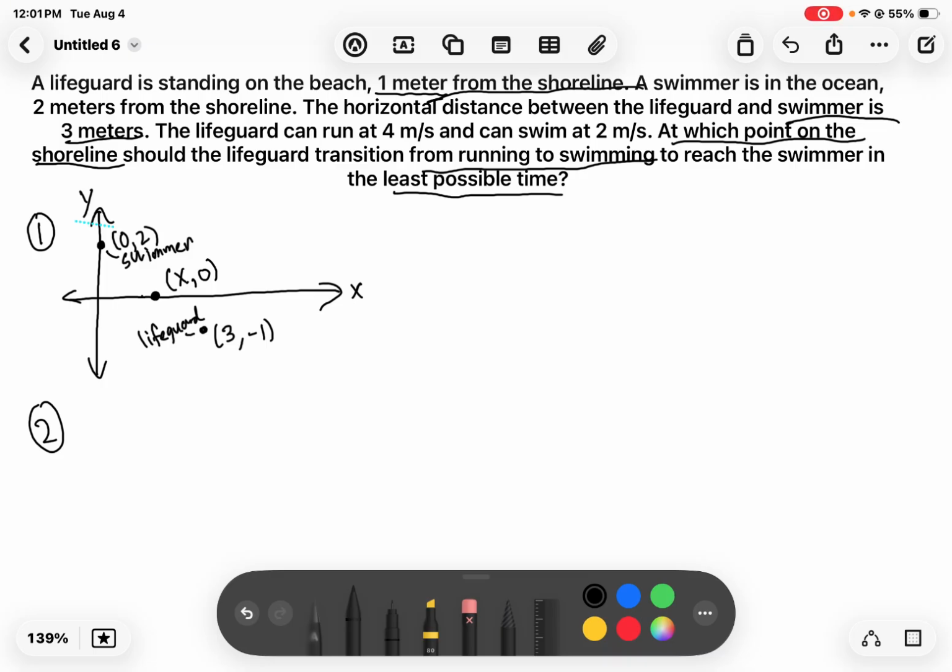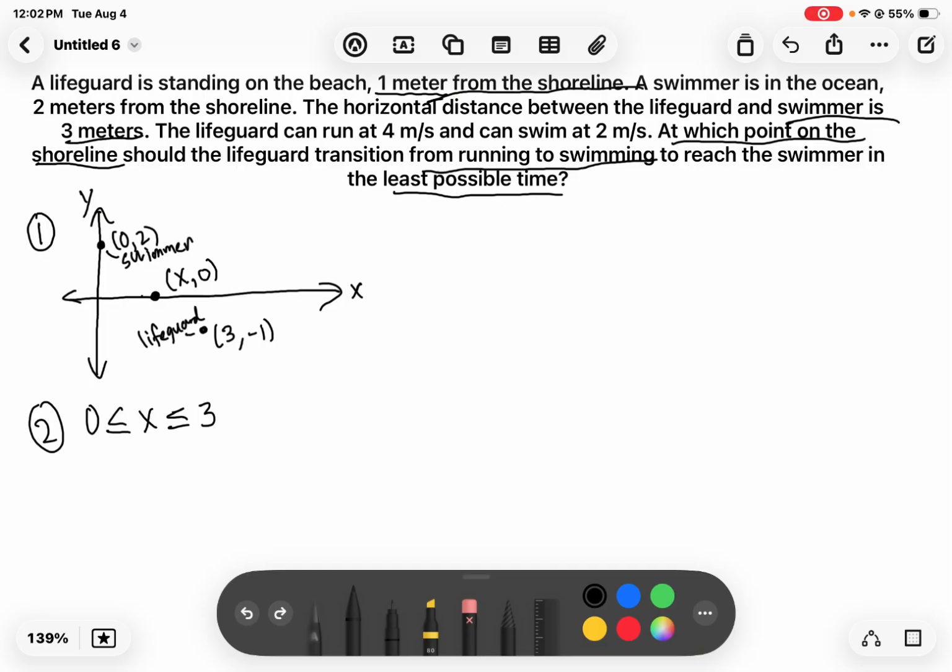So our variable is x, and x must be positive, so x is greater than or equal to 0. It must also be less than or equal to 3, since the horizontal distance between the swimmer and the lifeguard is 3. The lifeguard's not going to go backwards, that would obviously be inefficient. All right, so this is our constraint on x.